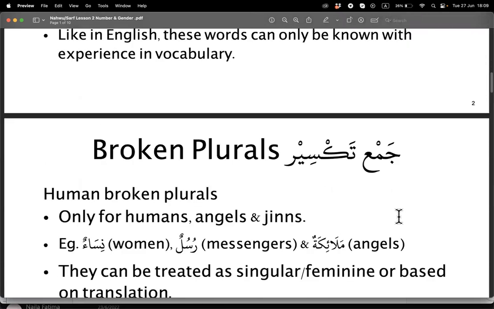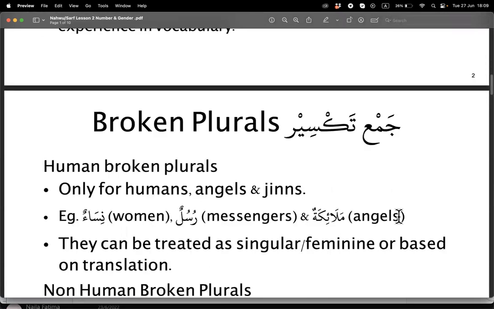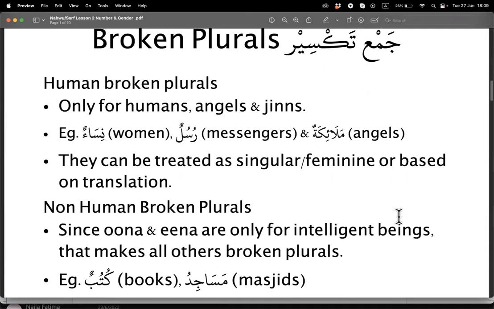Now, how do we treat broken plural? For human, when I say human broken plurals, I mean angels and jinns also included, meaning intellectual beings, they will be treated as singular feminine, meaning this word nisa, rusul, these are all the plurals. So nisa, what is the singular, do you know?